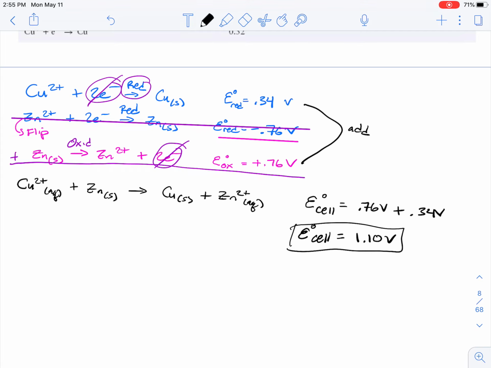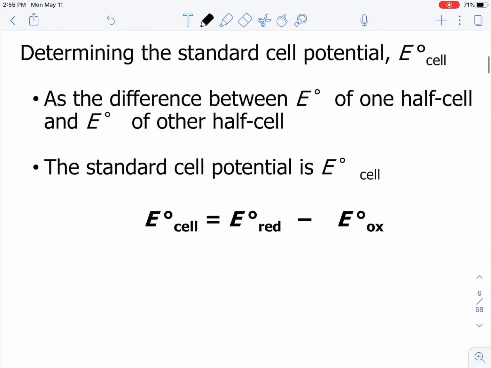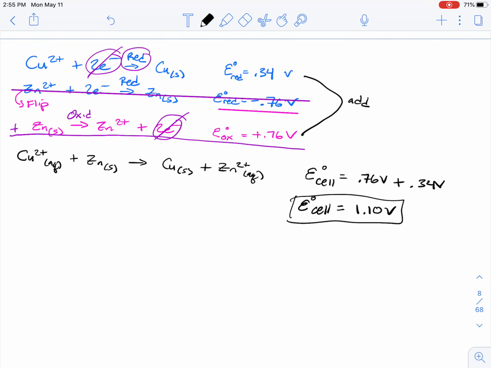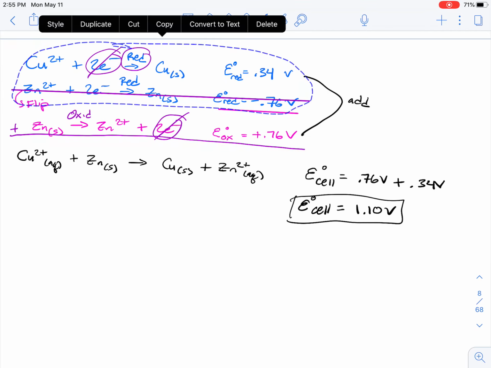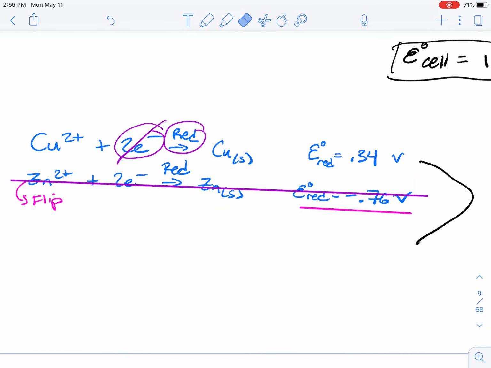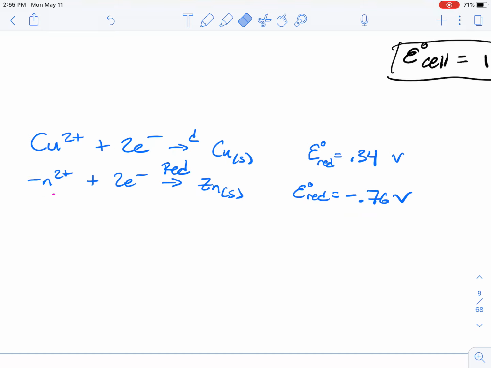Now, if you guys wanted to apply this specific equation, then what we're simply going to do is take these raw standard reduction equations and these standard reduction potentials, and then put them inside our equation.